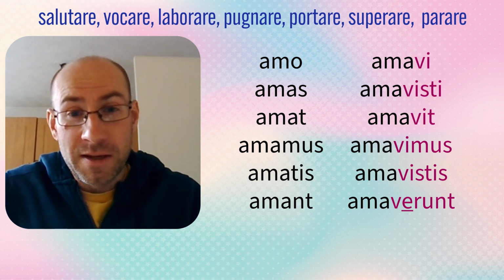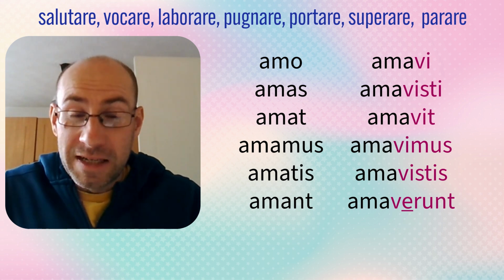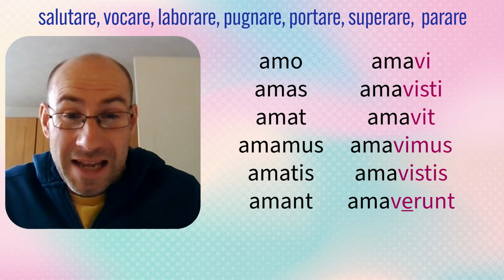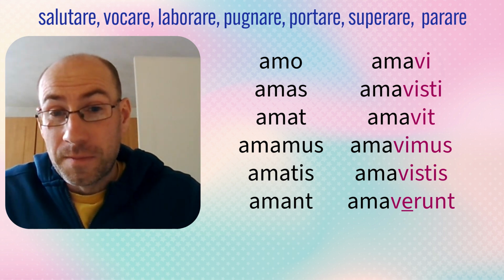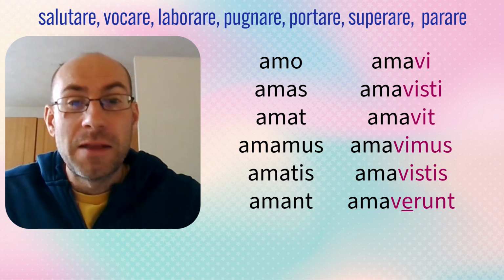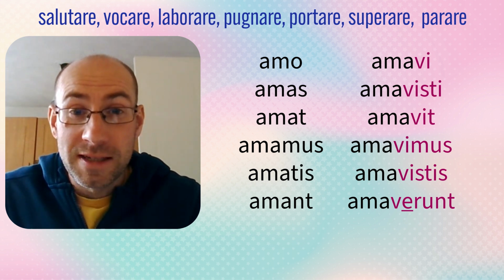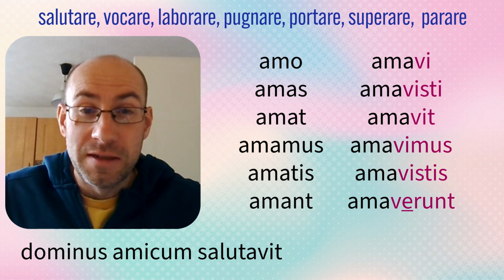Remember, friend is amicus, and here it will be accusative. In the present tense it will be salutat, but it's going to be salutavit, because he, she. Dominus amicum, accusative, salutavit.